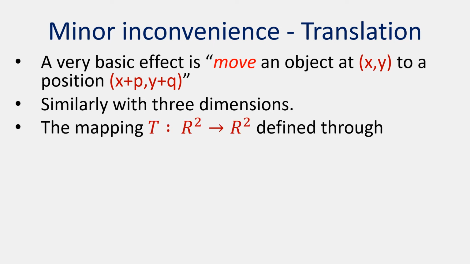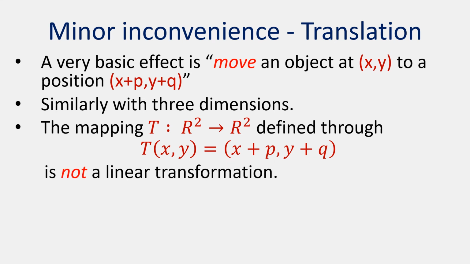If we look at the corresponding mapping between vector spaces, that corresponds to taking a vector, coordinates x and y, and moving it by adding some constant value to x and some constant value to y.